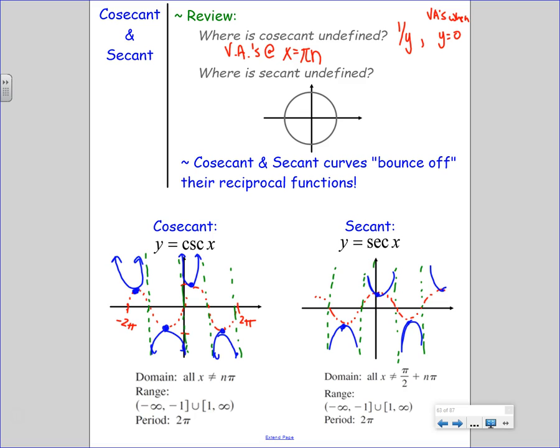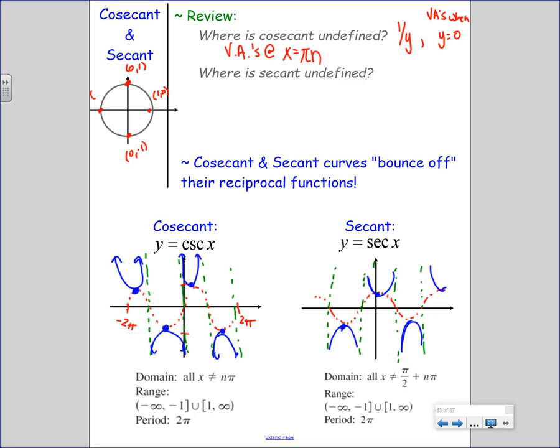Because any function with a y in the denominator is going to be undefined at all the pi n's. We could go through the unit circle and remind ourselves of y. But long story short, whenever y is 0, both cosecant and secant will have vertical asymptotes. And then if you guys are thinking about it, well, wait a minute.